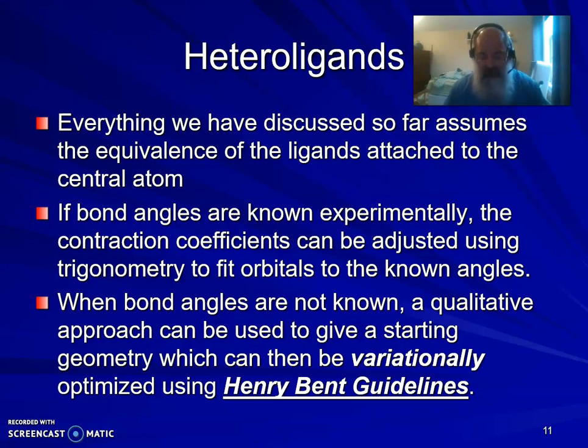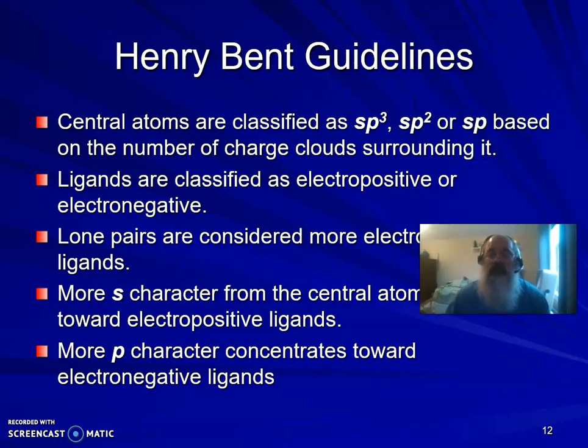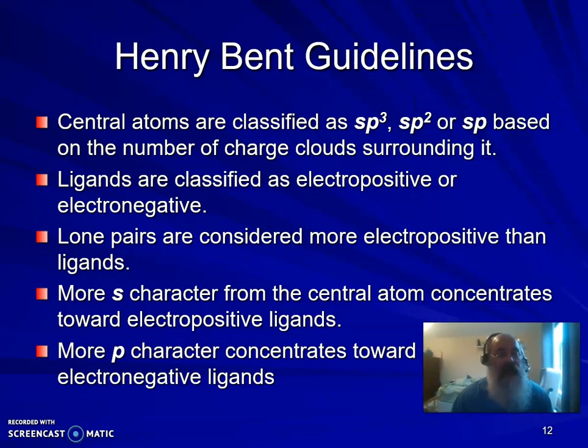Those qualitative guidelines will be described primarily in the next video, where we'll define the Henry Bent guidelines. I'll post those here before we move on, but we won't have time to run the mathematics of it out in this video. And so we'll start the next video with this slide that describes the Henry Bent guidelines.